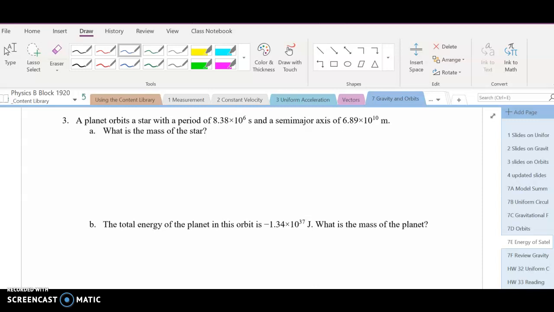They're telling us the period and the semi-major axis. So the semi-major axis, that's our clue that this is an elliptical orbit. So we've got a semi-major axis of 6.89 e to the 10th meters, a period of 8.38 e to the 6th seconds, and we're looking for the mass of the star.